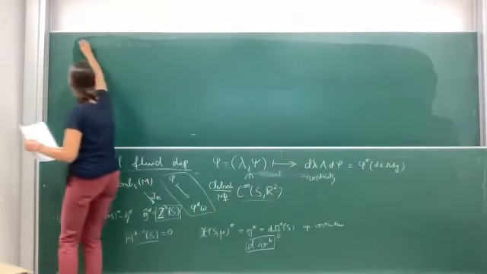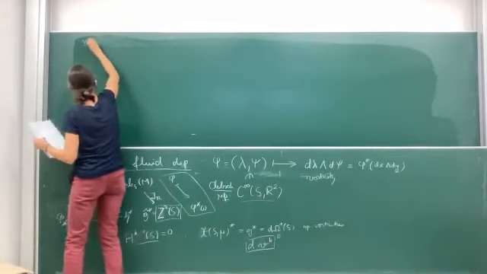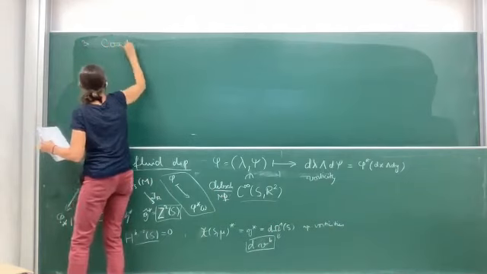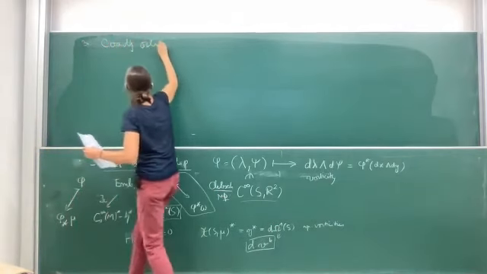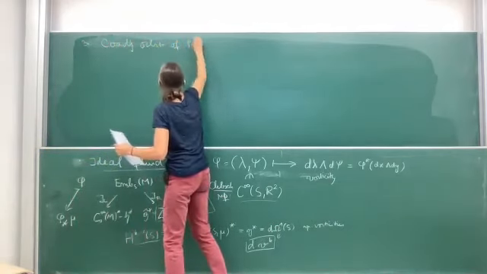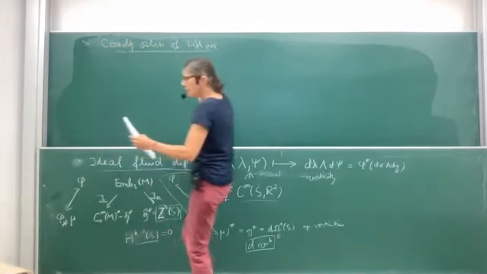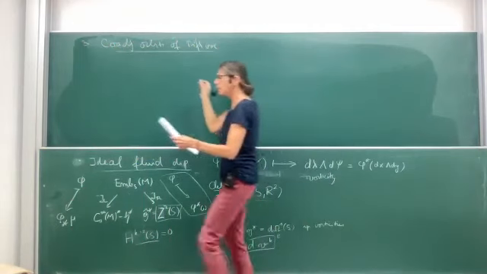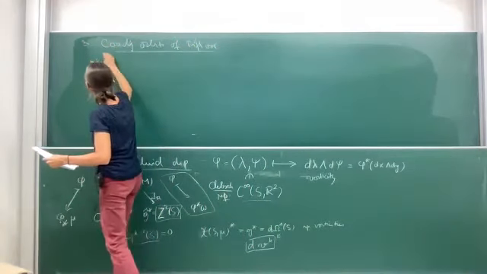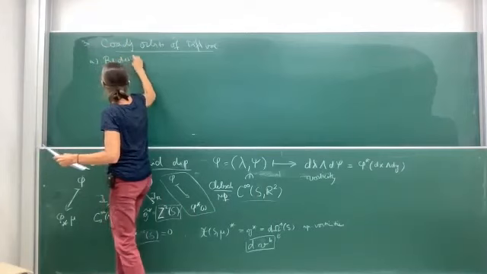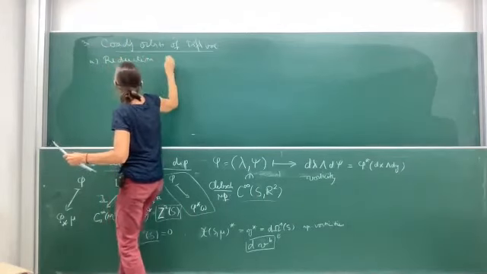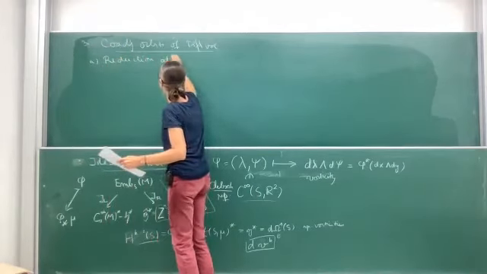Under reduction, coadjoint orbits. So first we do reduction at 0.